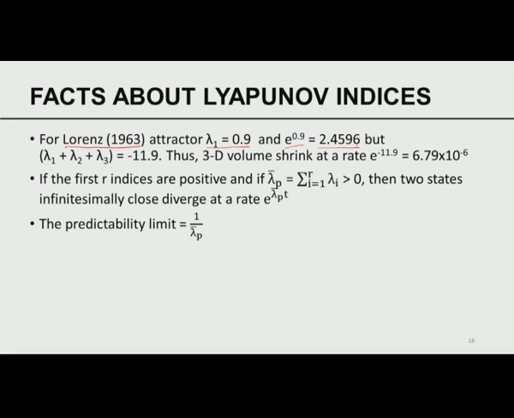Any error along a line will magnify at the rate 2.4596. That is the average rate of growth of errors. But the total of the Lyapunov indices for this is minus 11.9. That means the 3-dimensional volumes decrease at this rate.